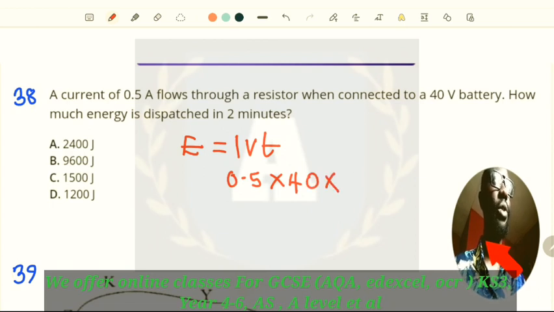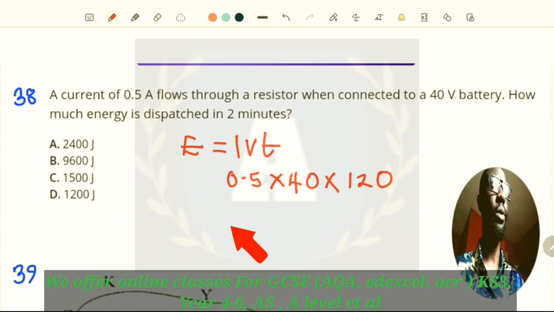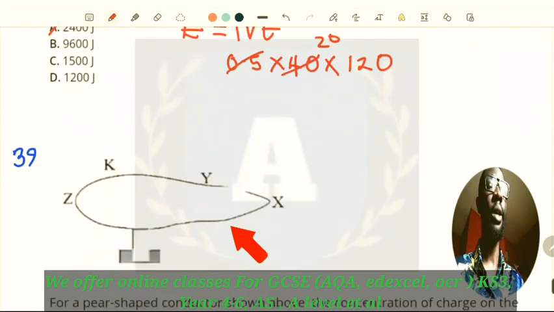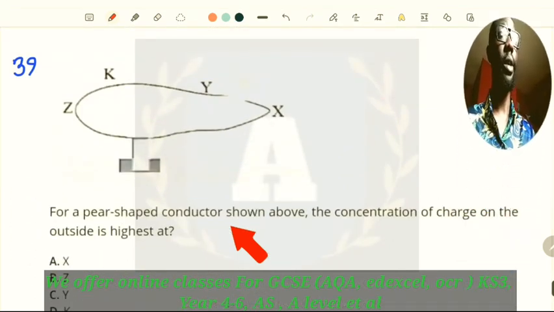Then time is 2 multiplied by 60, you have to convert that, that will be 120. So 20 multiplied by 120 is 2400 joules. All right, a popular question here every year.